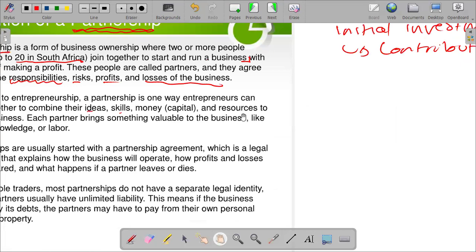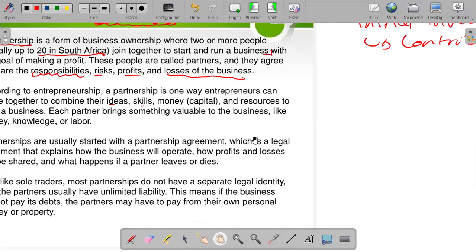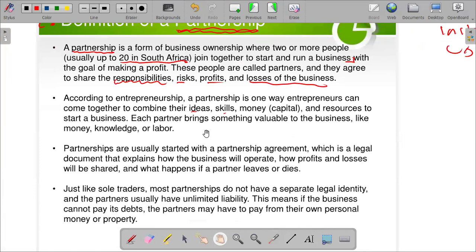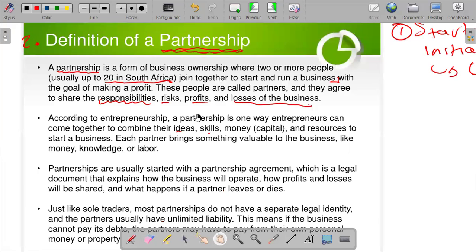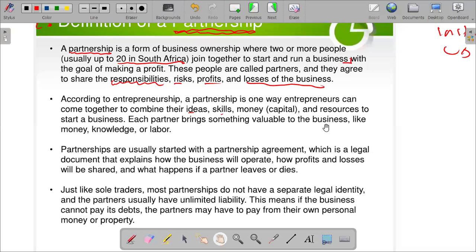If you already have land to operate, that will be good for the partnership or the business. So a partnership is basically coming together as entrepreneurs and combining ideas, skills, money, and resources to start up a business. Each partner brings something valuable to the business, like money, knowledge, or labor, depending on what you can bring to the table or what the business needs.